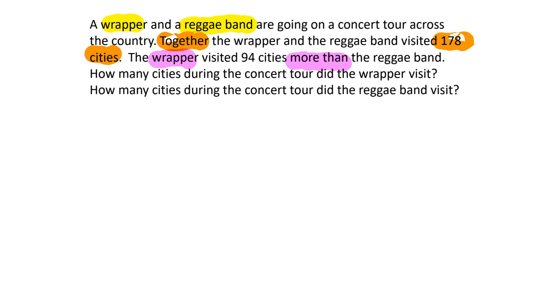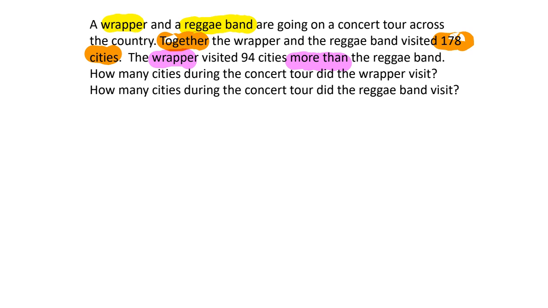Now, they're asking you two questions here, which means I definitely need two answers. How many cities during the concert tour did the rapper visit? How many cities during the concert tour did the reggae band visit? Okay, what are our nouns?